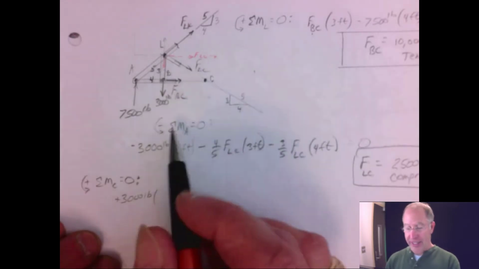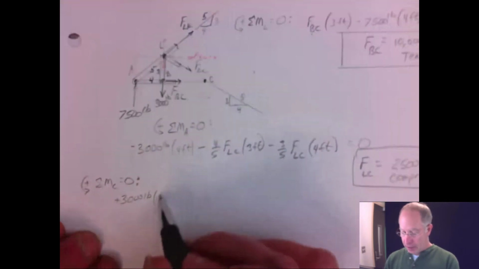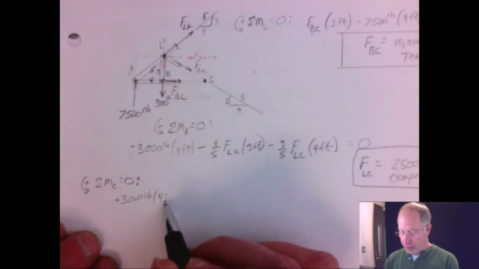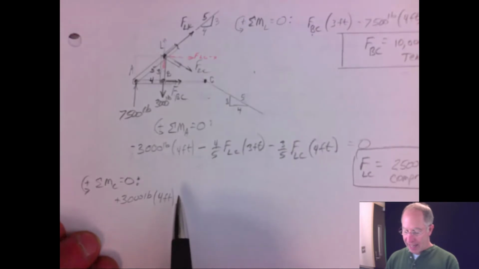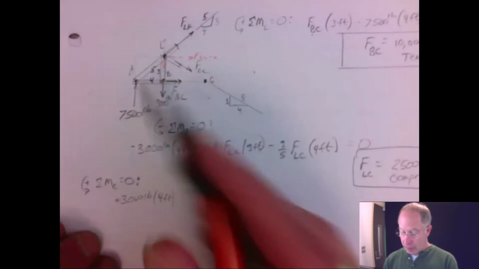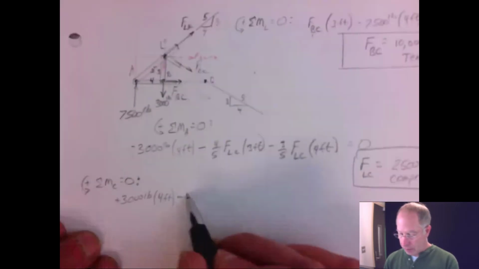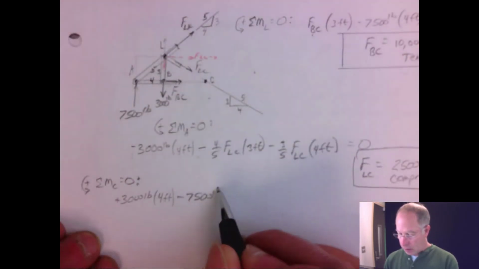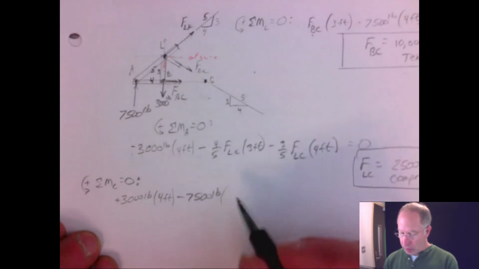I've just drawn it exaggeratedly. So its moment arm is 4 feet, and the 7,500 pound force causes a negative rotation with a moment arm of 8 feet.